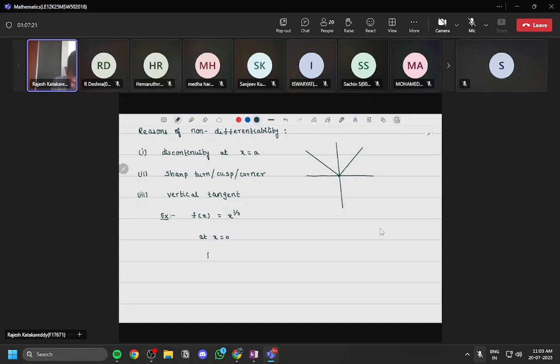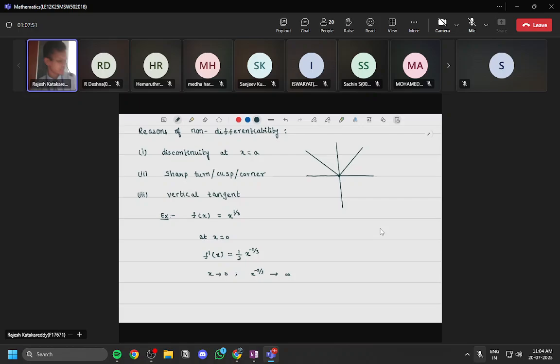Let us find f dash of x here: 1 by 3 into x to the power minus 2 by 3. As x approaches 0, x to the power minus 2 by 3 will approach infinity, right? So it has a vertical tangent at 0, again non-differentiable.